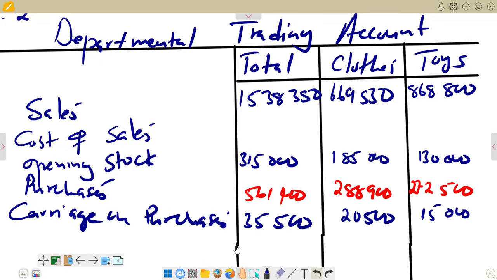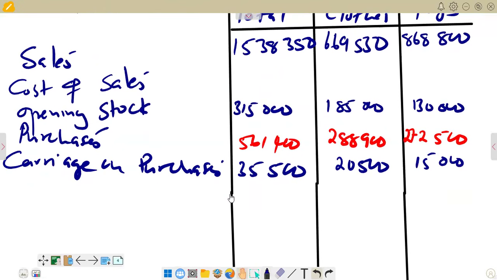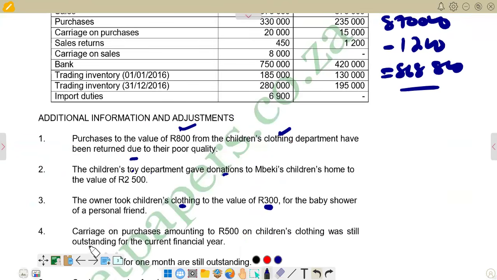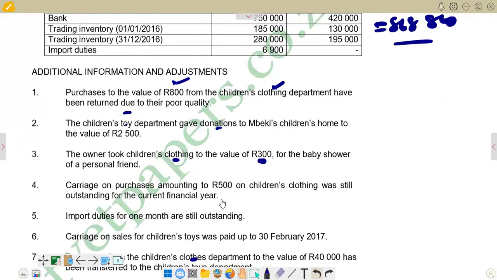So we are saying input duties. We'll go and check the figures that we are given there in terms of input duties. We've got 6,900 for clothing, and we try to see what they are saying in additional information about input duties.